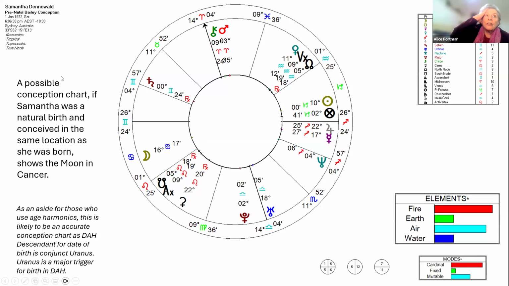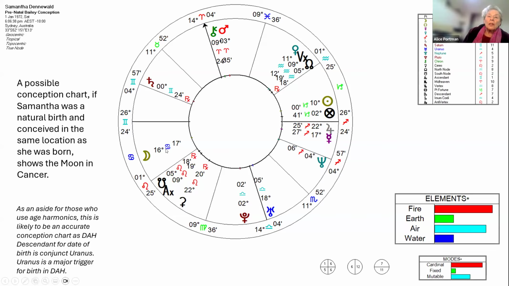So I thought I'll check Samantha's, and at the time of her birth, she had the day-age harmonic descendant conjunct Uranus, and Uranus is a major trigger for birth in day-age harmonics. It comes up a huge amount of the time. Yeah? So I thought that was actually really interesting, that particular one.